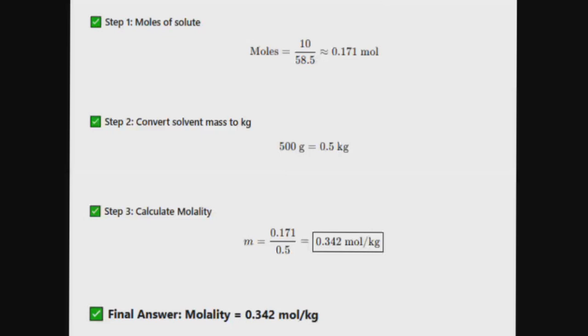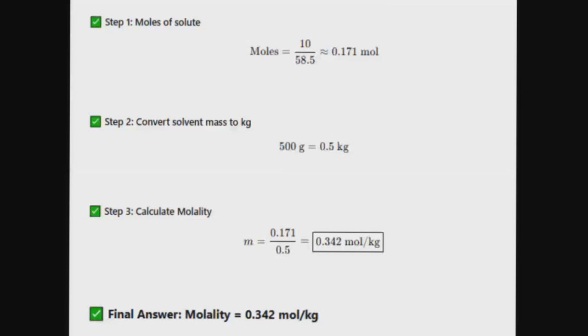Now your first figure is 0.171 mole. Then the second one is 0.5 kilogram. That's why your unit is mole per kilogram. Please, when you do your solving, and the figures you put together have units, you can easily generate your final unit from the numerator and the denominator.